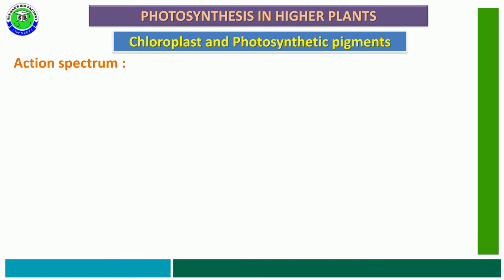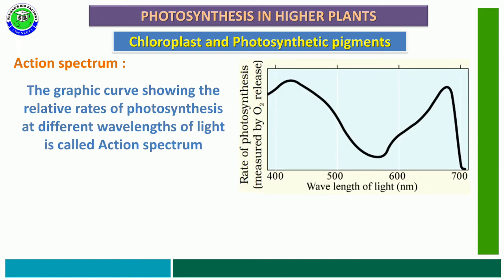And the second one is the action spectrum. The action spectrum is a graphical curve showing the relative rate of photosynthesis at different wavelengths of light. In this action spectrum, on the x-axis the wavelength of light is taken, and on the y-axis the rate of photosynthesis, which can be measured by the release of O2 in photosynthesis.